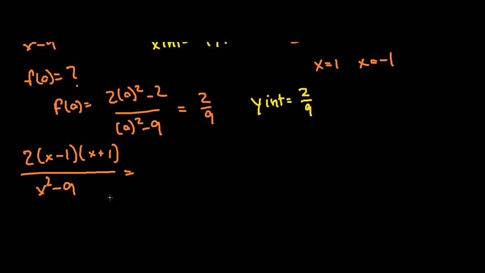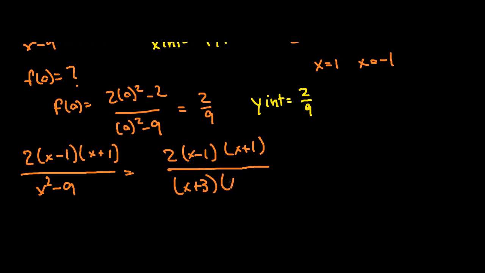So if we factor out the bottom, that's just x plus 3, x minus 3. So we get 2, x minus 1, x plus 1, over x plus 3, x minus 3. So we can see that nothing divides out on the top and the bottom, so there are not going to be any holes.